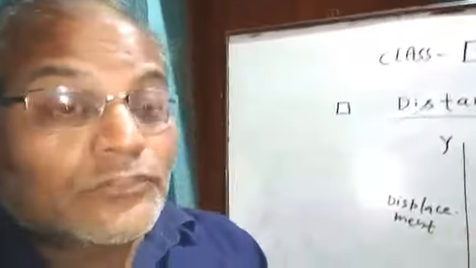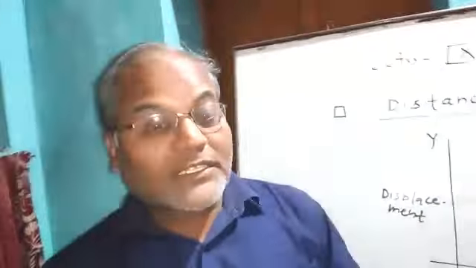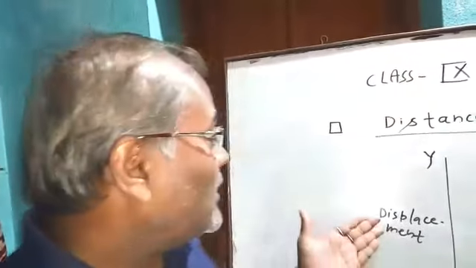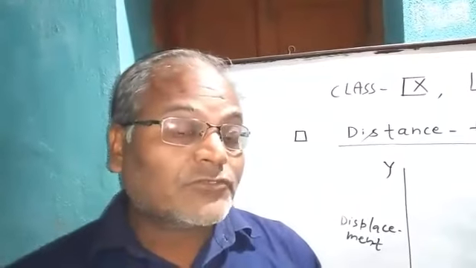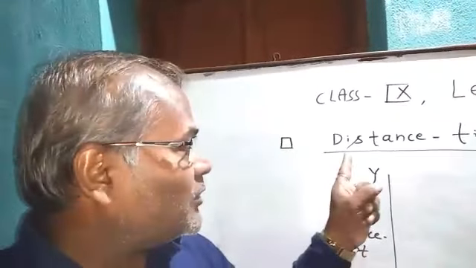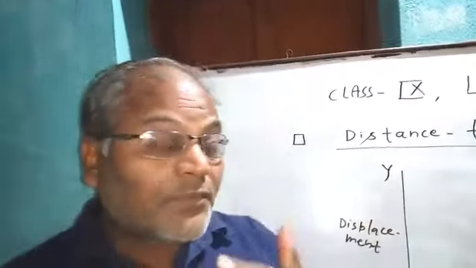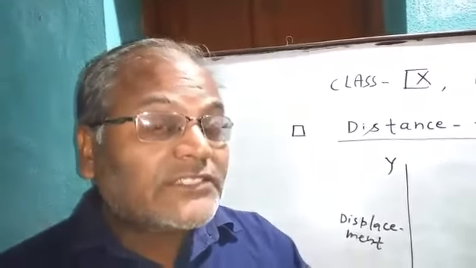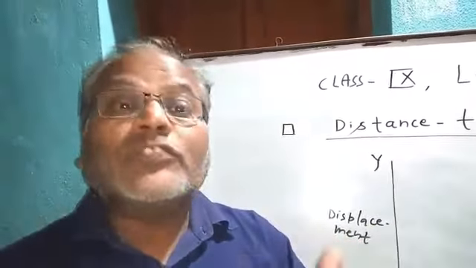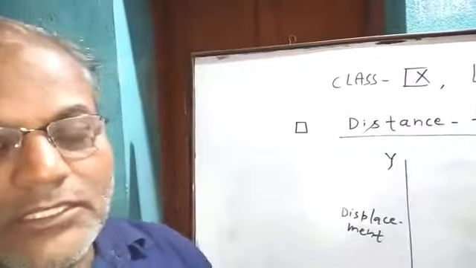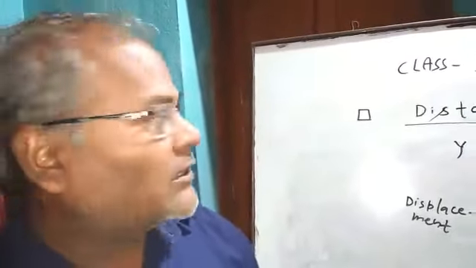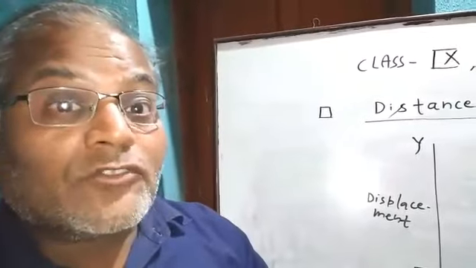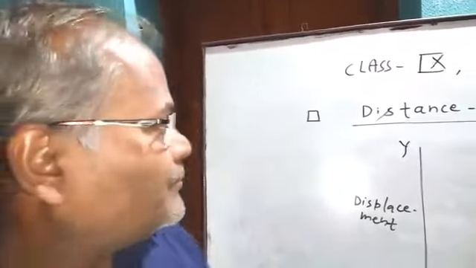Actually, distance has no certain direction, but displacement has a certain direction. Speed is defined as the length traveled by the body in unit time, but the displacement traveled by the body in unit time is called velocity.